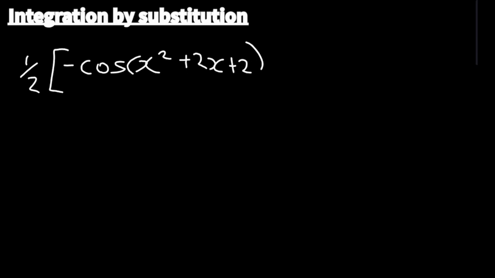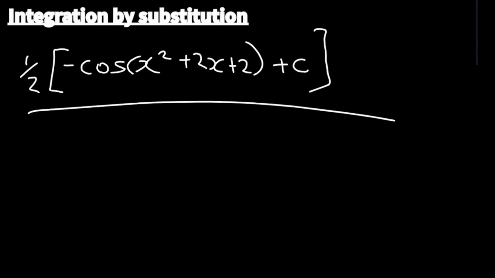That will be a half negative cos(x squared plus 2x plus 2) plus c. This is our final answer. We can do two or more examples.